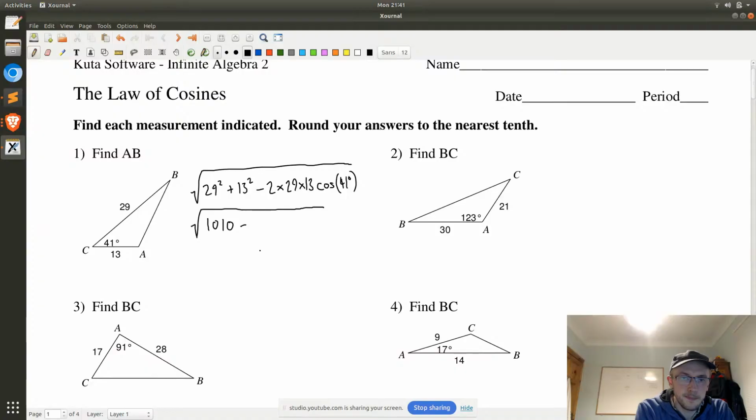Take away 2 times 29 times 13. So 29 times 13 is 377. Double it, and you get 754.